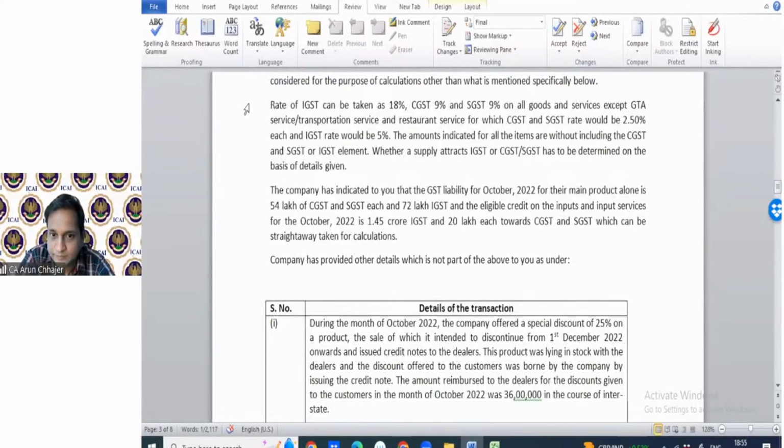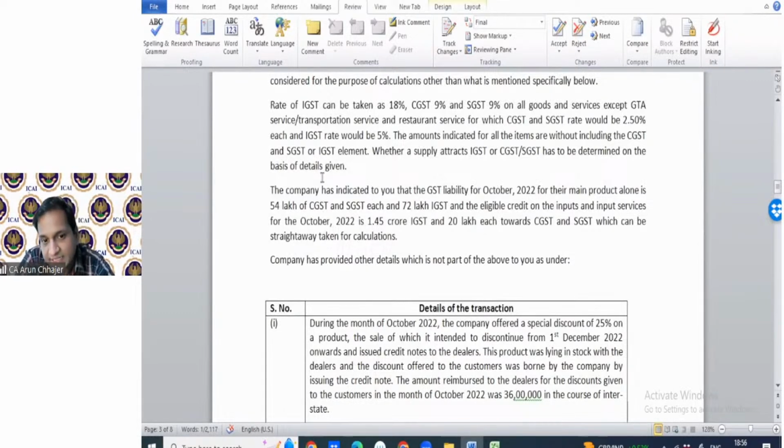except GTA and restaurant services for which it is 5%. Amounts indicated for all the items are without including the GST element. Whether a supply attracts IGST has to be determined on the basis of the details given.